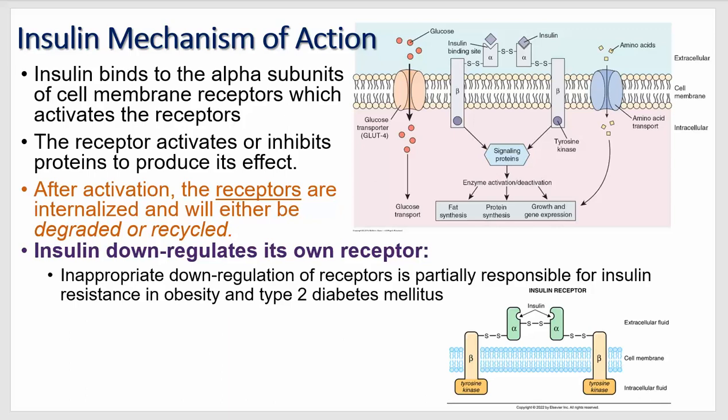Those signaling proteins are kind of that increased response inside the cell, and it'll cause all of these things to happen. Okay, so insulin binds and causes a response inside the cell.